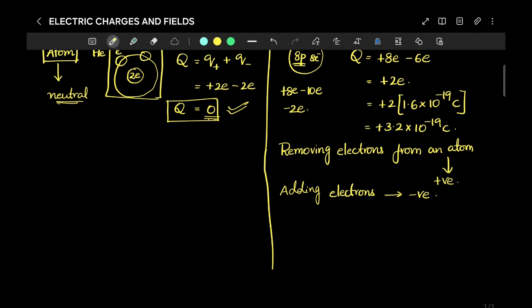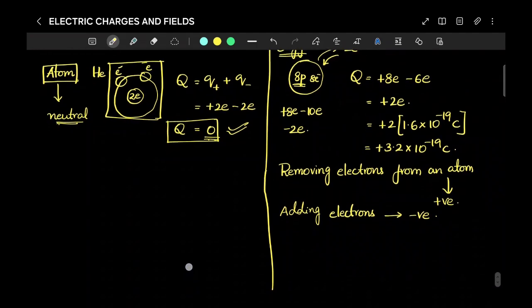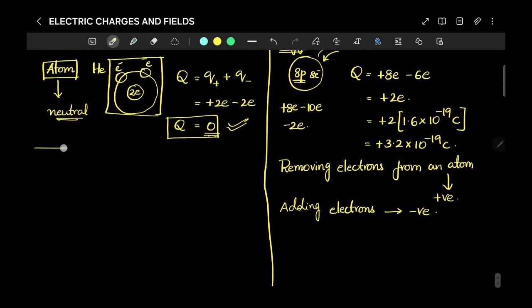We don't consider the change in mass of the substances if you are adding or removing electrons, because mass of electrons is negligible when compared with mass of protons. What the mass of proton and electron is, we will discuss in the upcoming classes. So that is regarding the net charge on that atom.